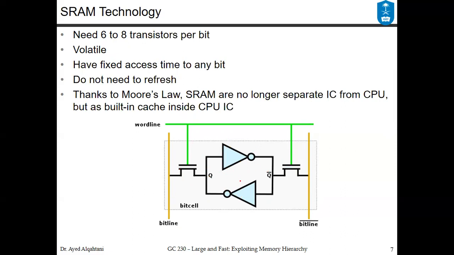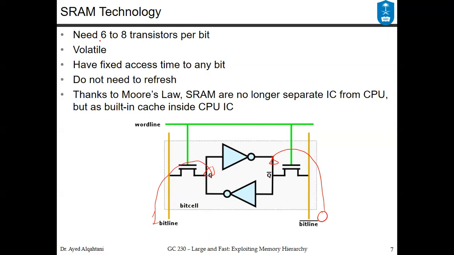And you can notice that we are saving the value. If we have 1 here, it will be flipped to 0 and flipped back to 1, and so on. This way we are saving the value. And we can either read it to bit line and bit line bar, or write a new value inside.